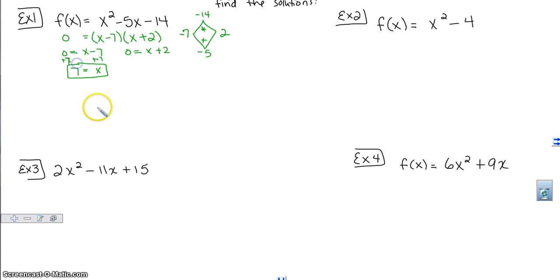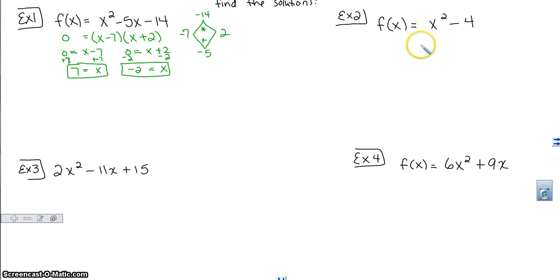So here's our x-intercept at 7, and then if I subtract 2 on this side, there's our x-intercepts at 7 and negative 2. Remember real quick that a is positive, so we have a parabola that's going to be a happy face. We have a y-intercept of negative 14.